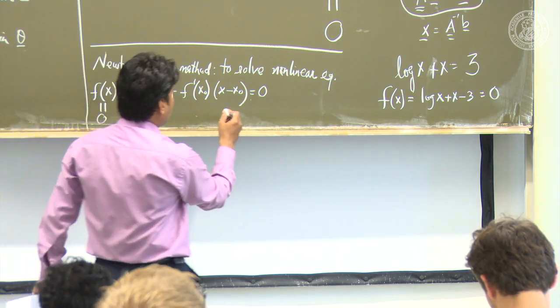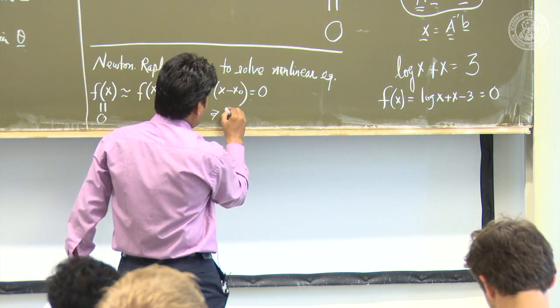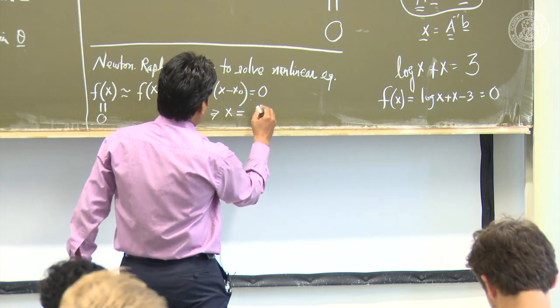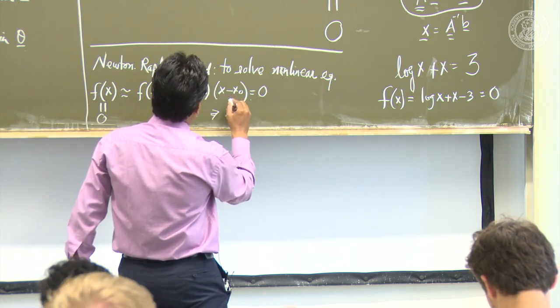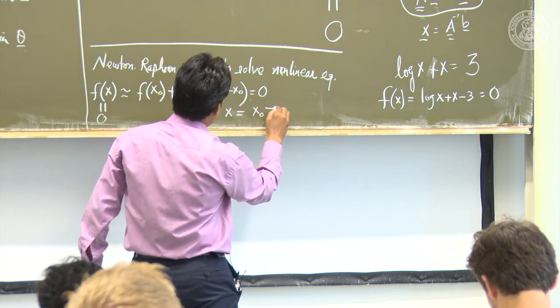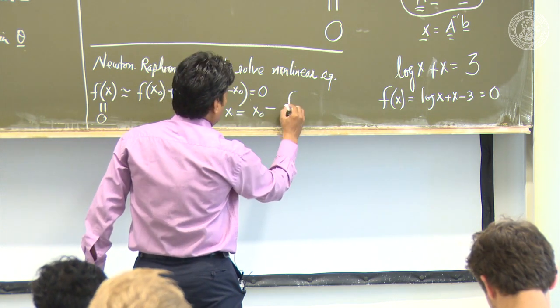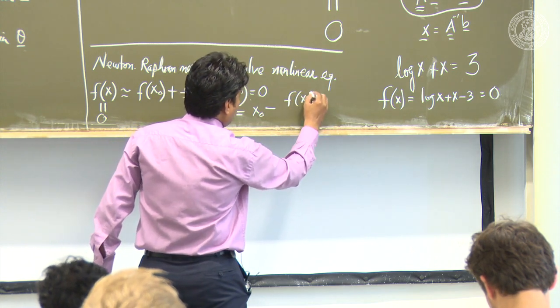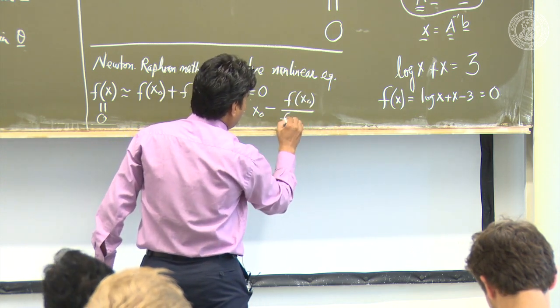because you see this is simply x equal to x naught minus f at x naught divided by f prime of x naught.